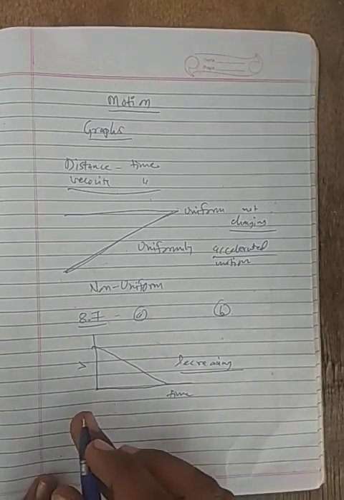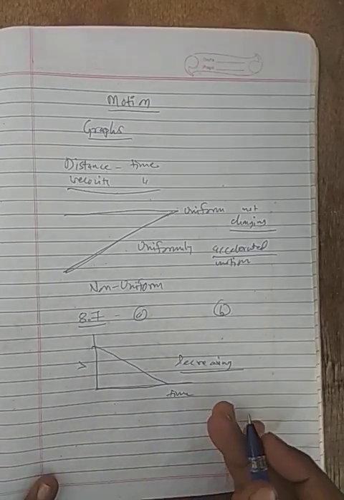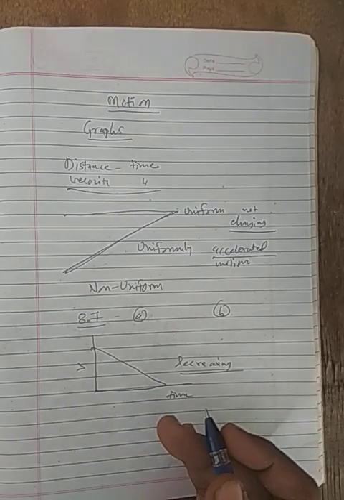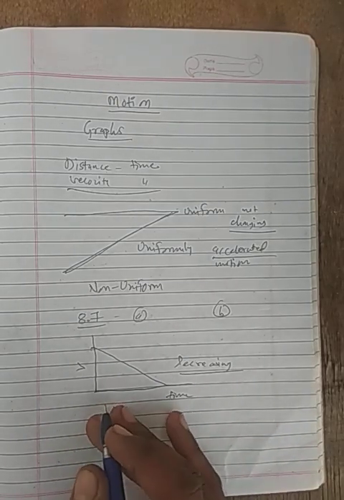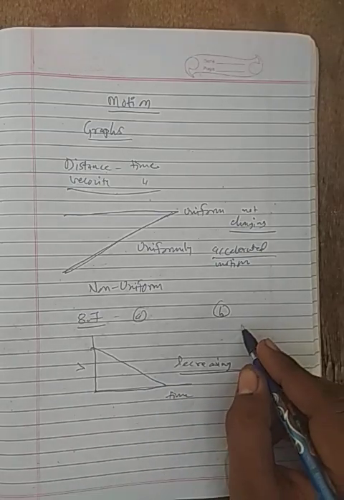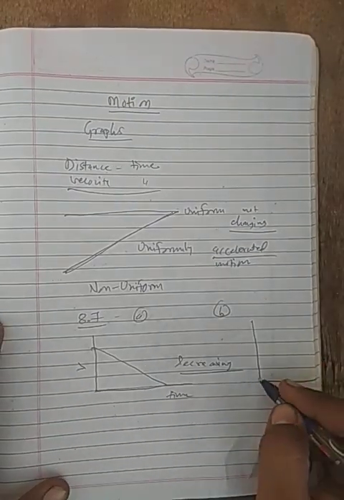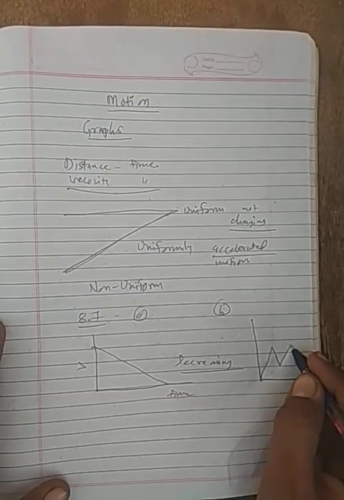That's why you will get this kind of graph. And if the velocity is changing but with non-uniform variation with time, it will be like in figure 8.7 B, where the graph is like this.